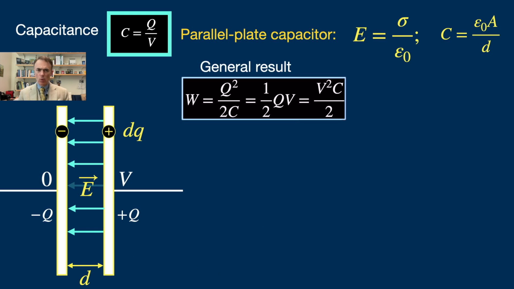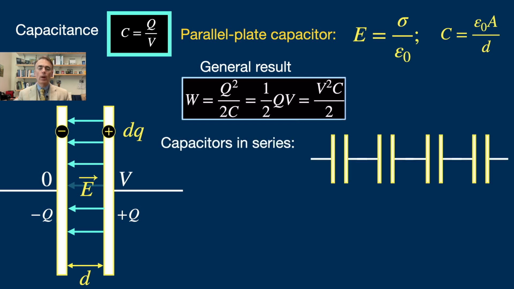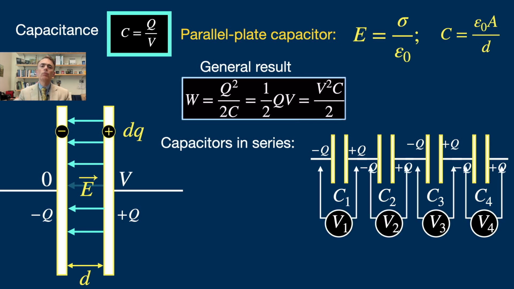Similar to what we saw when we were talking about resistors, when building an electric circuit, we might need to use capacitors connected in series or in parallel. When capacitors are connected in series, the total capacitance is lower than that of any individual capacitor. This is because the charge on each capacitor is the same, but the total voltage is the sum of the individual voltages.